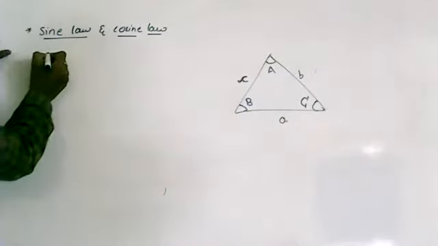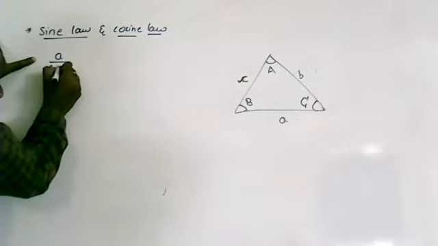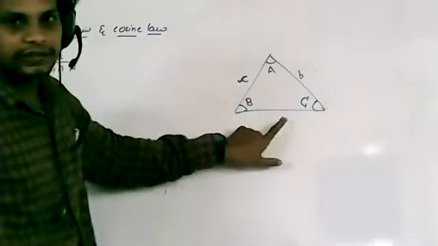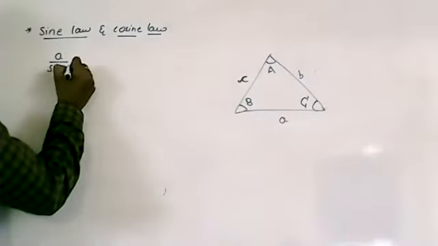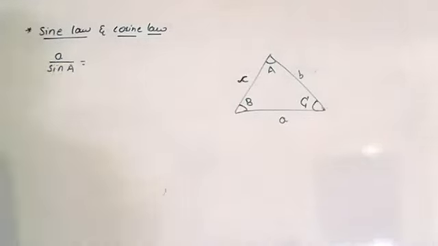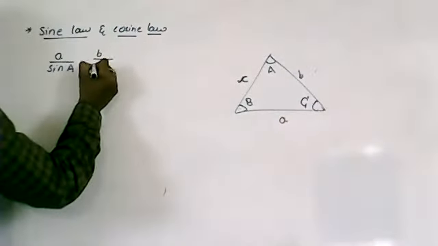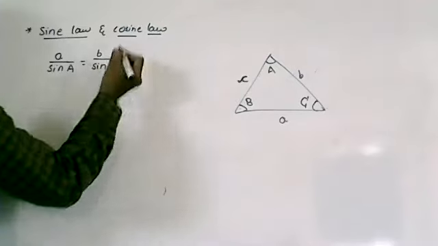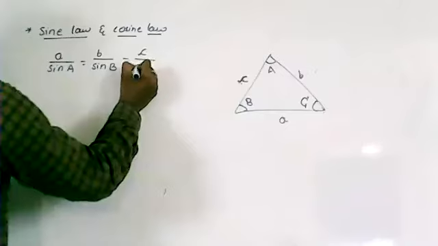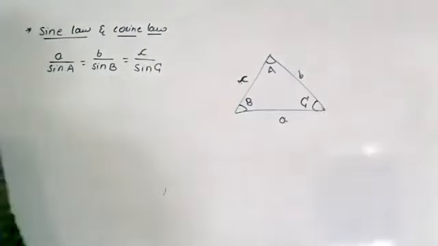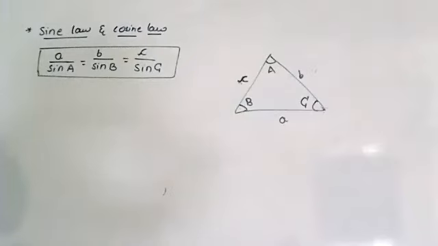Now, according to the sine law, a by sine A means this side by the opposite angle. You can take this as sine A by a is equal to, this side by opposite angle, that is b by sine B, is equal to this side by opposite angle, that is c by sine C. This is called the sine law.